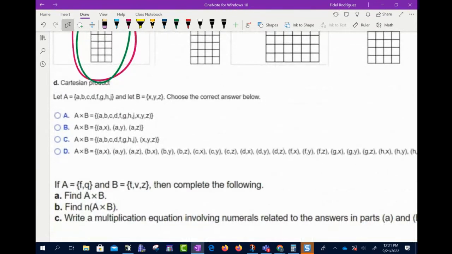Okay, now there is a part D. So again, I want you to notice something here, y'all. 1, 2, 3, 4, 5, 6. 1, 2, 3, 4, 5, 6, 7, 8 right there. 1, 2, 3. Okay, so I still have 8 pieces here and 3 pieces here. I'm looking for the one that's going to have 24 ordered pairs.